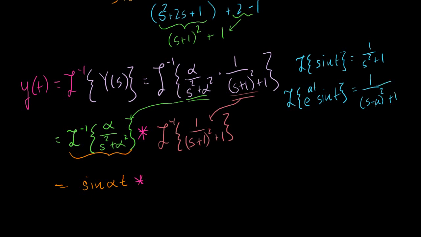Now we have something that looks very similar to this if we just set our a to be equal to negative 1. Then it fits this pattern. This is s minus negative 1. So the inverse Laplace transform of this thing right here is just e to the a t, which is e to the minus 1 t, times sine of t.